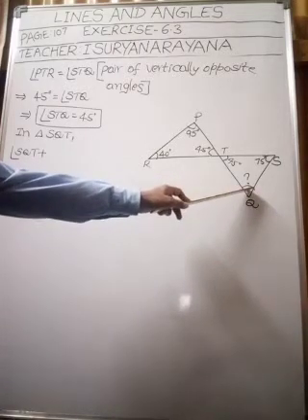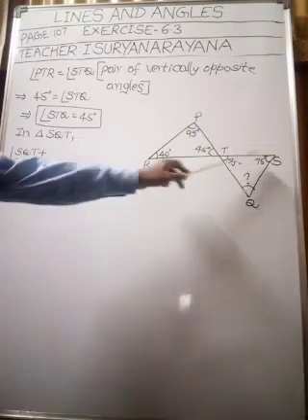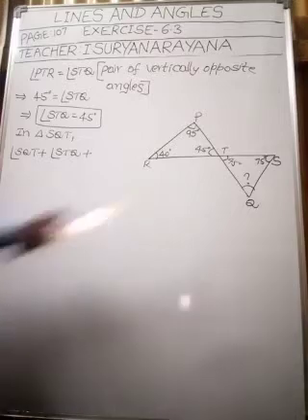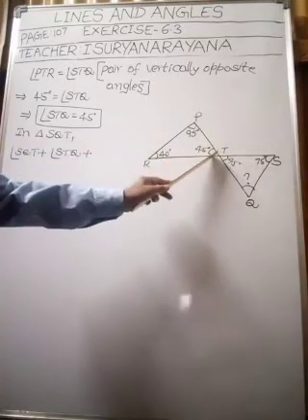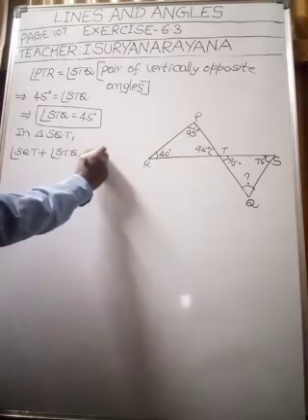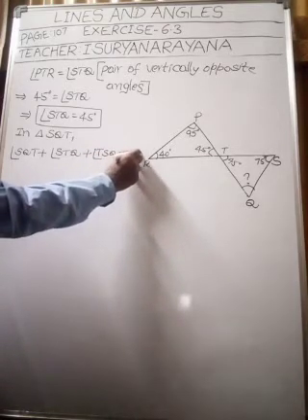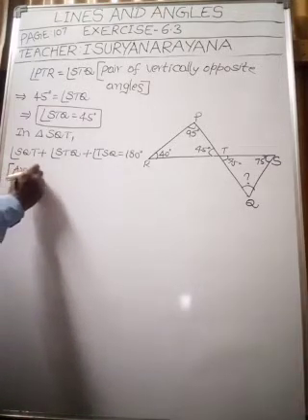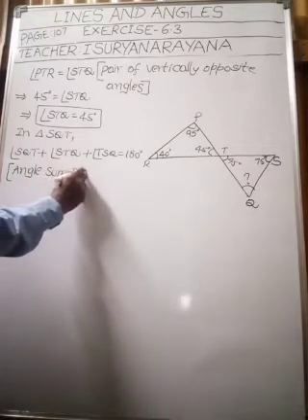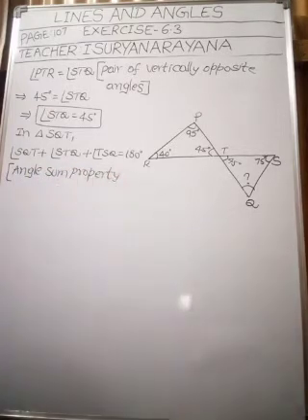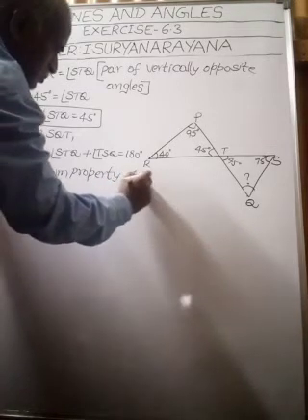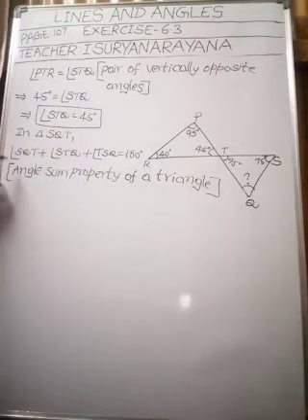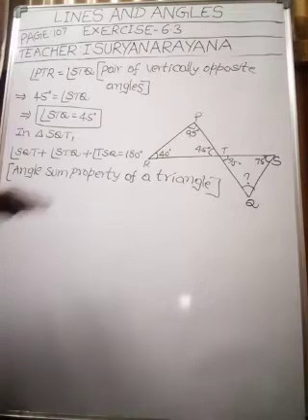I wrote first this angle, angle SQT, plus angle STQ, plus this angle, angle TSQ. By using the property we wrote this step. Understood this step, my children?